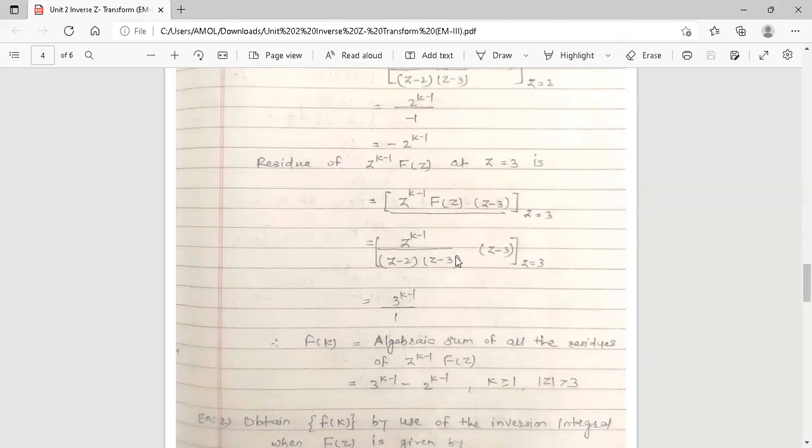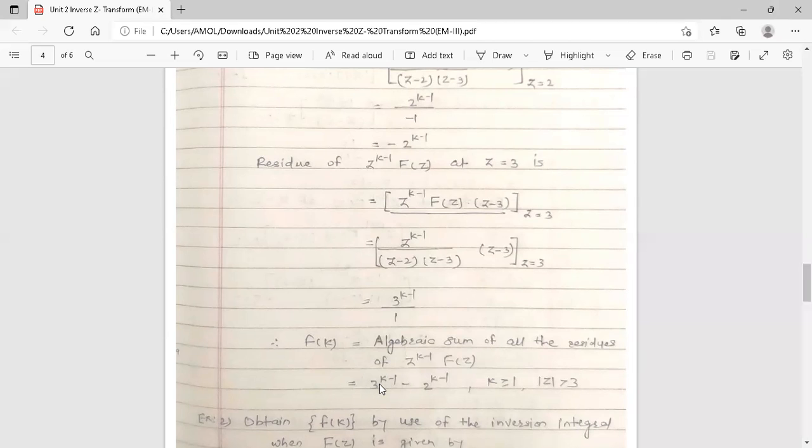So put z is equal to 3. If you put z is equal to 3, it is 3 raised to k minus 1, and this z minus 3 gets cancelled. 3 minus 2 is 1. So after simplification, the term is 3 raised to k minus 1. And so the sequence f of k is equal to the sum of all the residues of f of z into z raised to k minus 1.